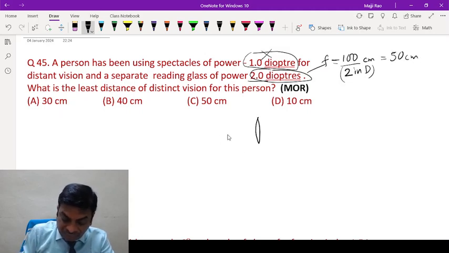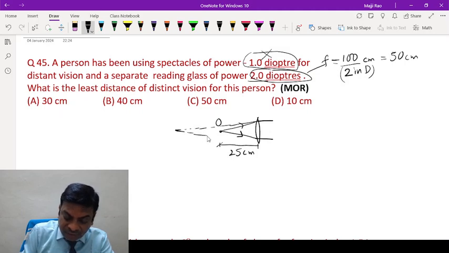Now the object should be placed at the normal least distance of distinct vision, that is 25 cm. Now light rays starting from the actual object after passing through the convex lens should converge and appear to come from the near point. That is the idea.